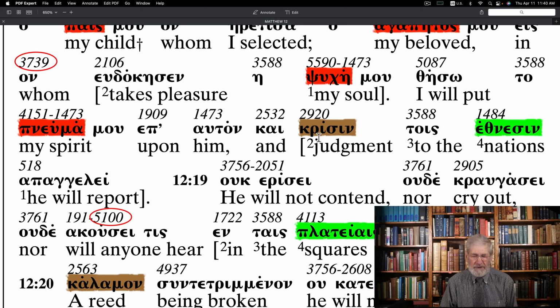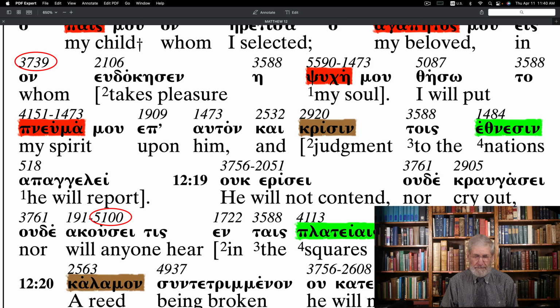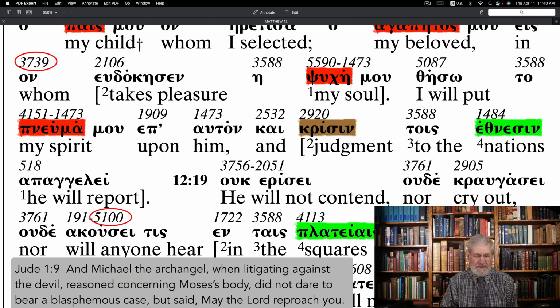Judgment, also it's a case. It could be either one. In John 16:11 it says, "And considering judgment, for the ruler of this world has been judged." In Jude 1:9 it says, "And Michael the archangel, when litigating against the devil," that's another legal term, litigating, "reasoned concerning Moses' body.